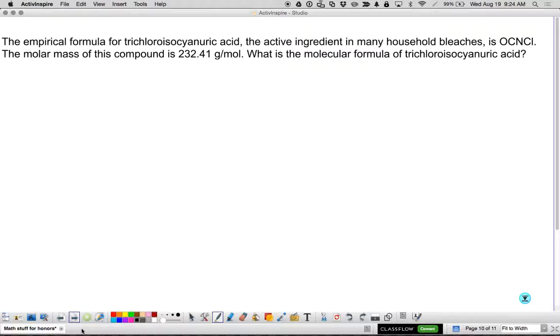So I could give you this as part of one of those other problems, in which case it would be a rather long problem where you find the empirical formula first and then you can convert the empirical formula to the molecular formula. But in this example, I've just given you the empirical formula, and I give you the molar mass of the compound, which means that this is the molar mass of the molecular formula.